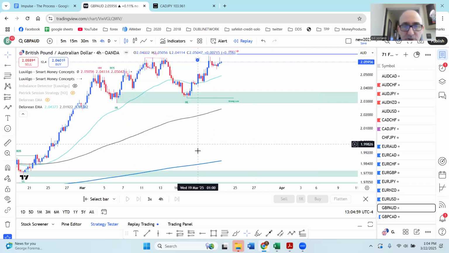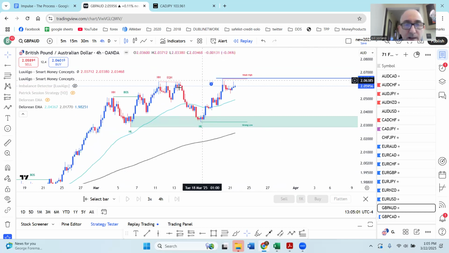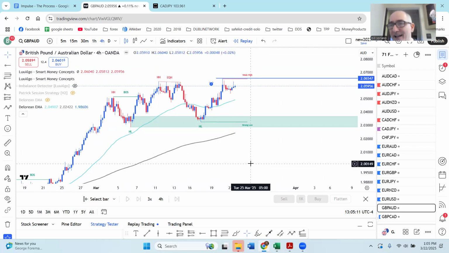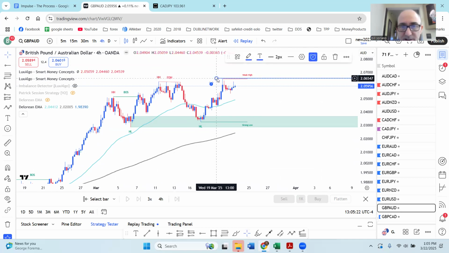GBP/AUD, this was our winning trade from last week. And so you could see here, this was where our zone got hit, reacted off of it, and we took it back up to that high. Now, we can't trade from this zone again. Remember, you only use these zones one time. So we don't have any trade set up right now until this area gets broken. That's why we have an alert set here.